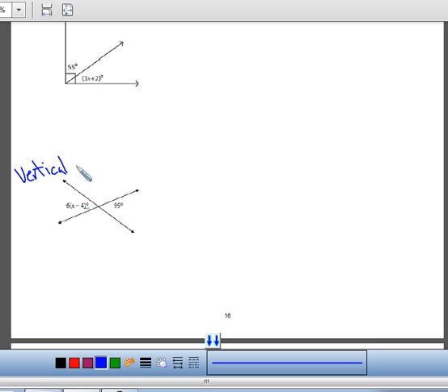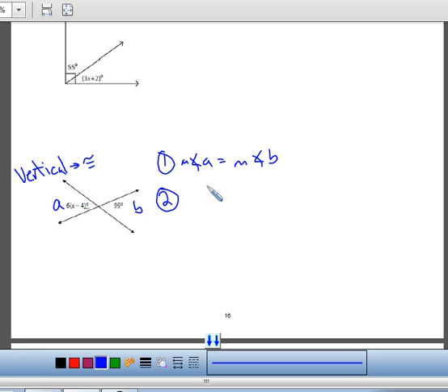And because they are vertical, that means they are congruent. And what that means is the measure of their angles are equal. So if I call this A and call this B, step 1, the measure of angle A is equal to the measure of angle B.